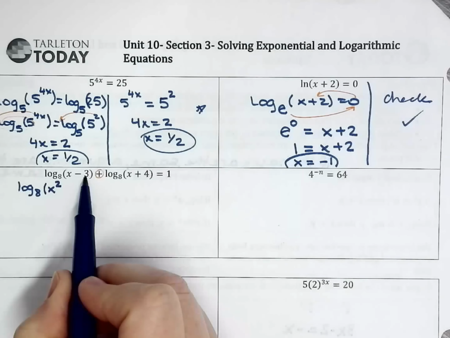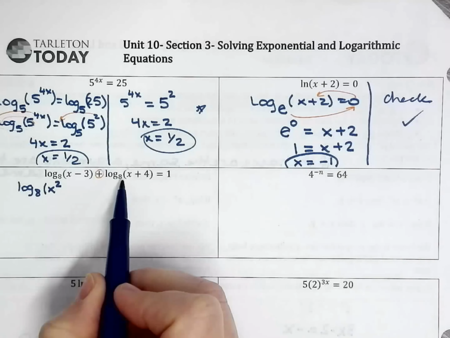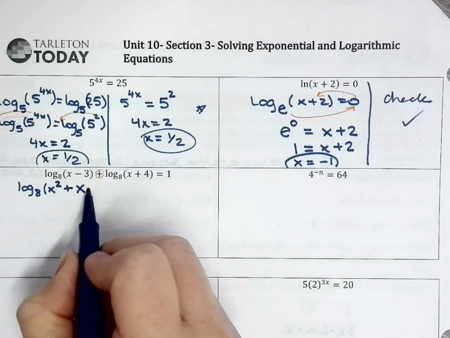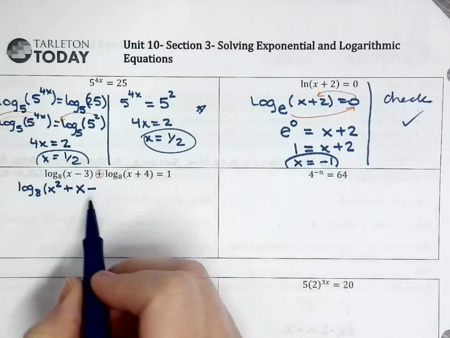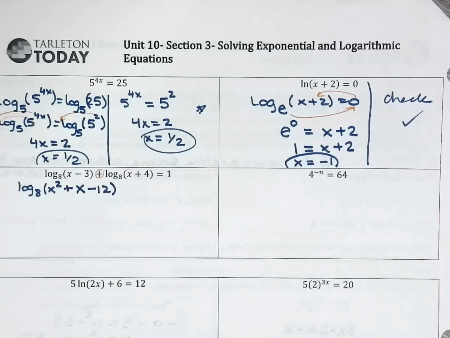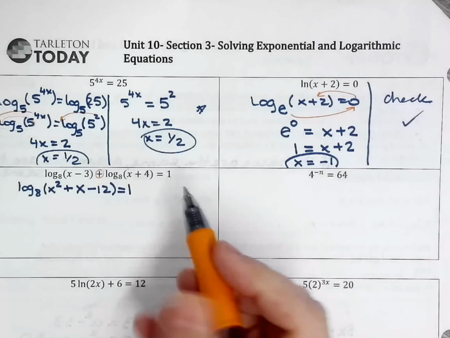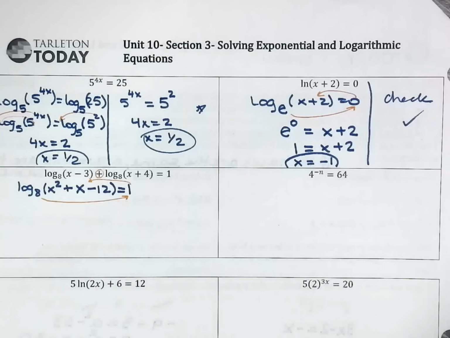Minus 3 times x, which is 3x. So I have 4x minus 3x. That leaves me with x. Minus 3 times 4 is -12. Okay, that equals 1.